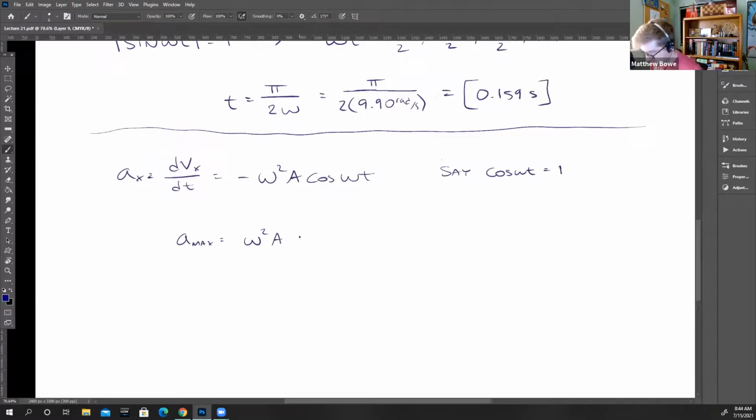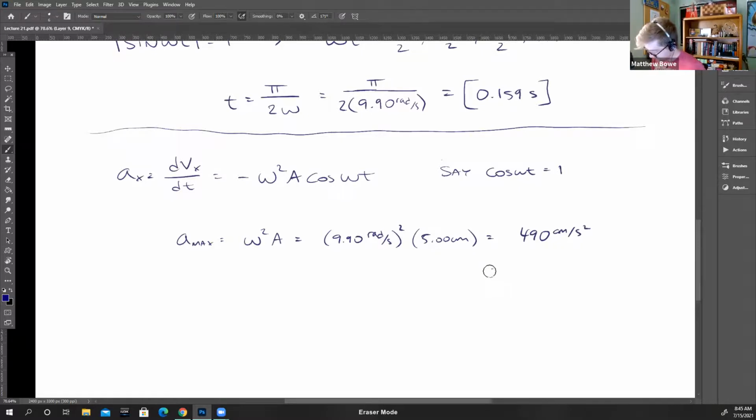So we have this 9.90 radians per second squared times the amplitude, and that will be equal to 490 centimeters per second squared.